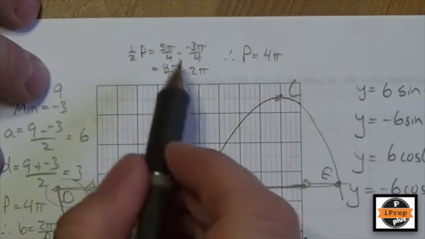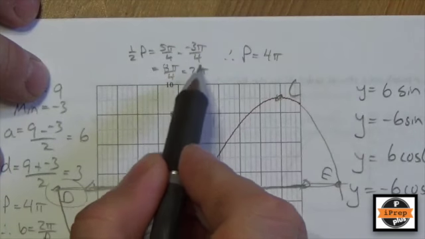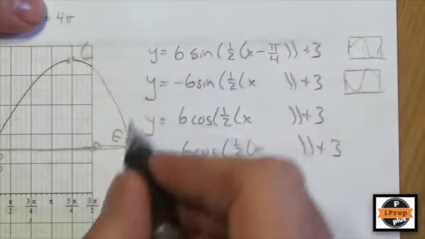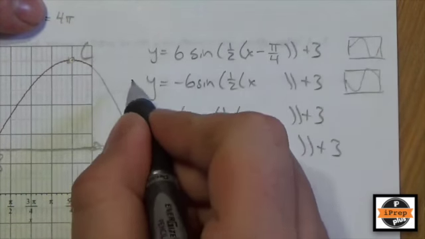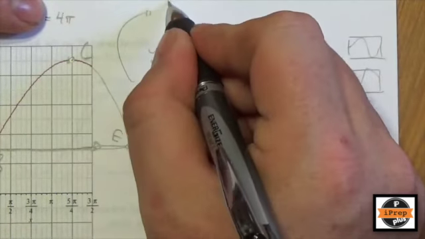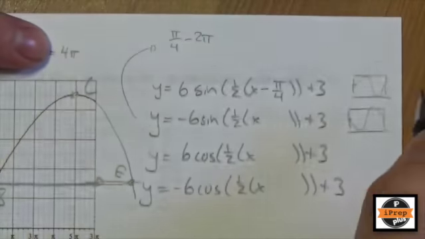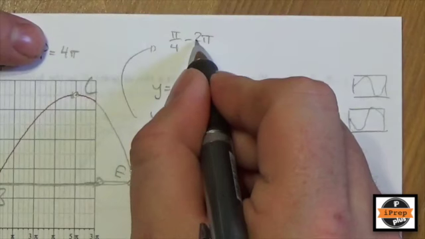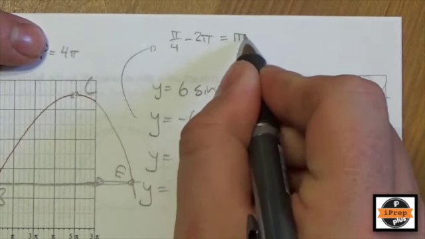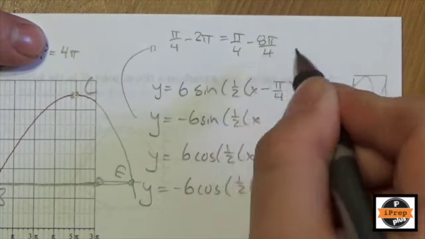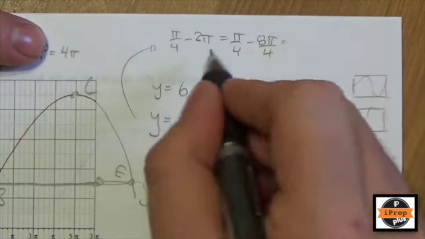We already know that a half period was 2 pi. So for this particular question, pi over 4, if you subtract 2 pi from it, that's going to be pi over 4 minus 8 pi over 4, because I need a common denominator to do the subtraction.